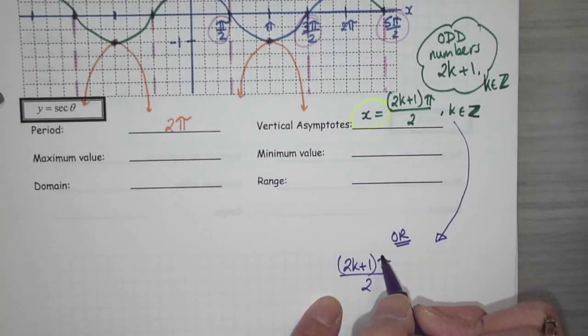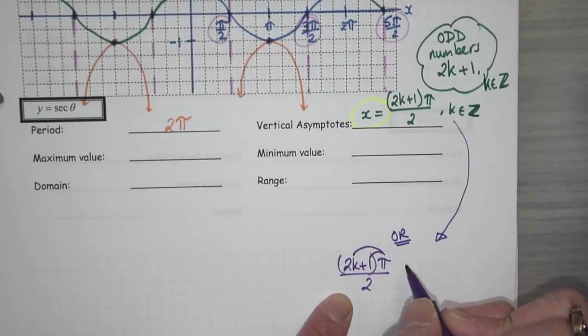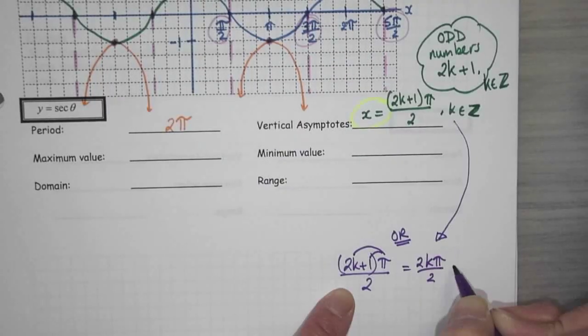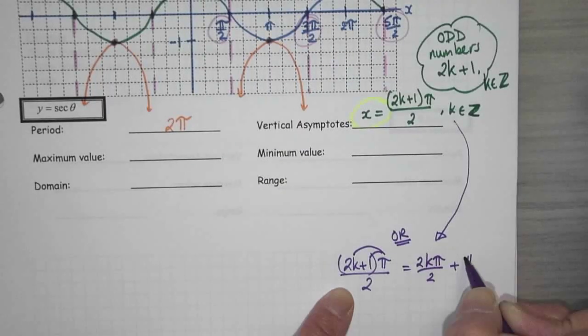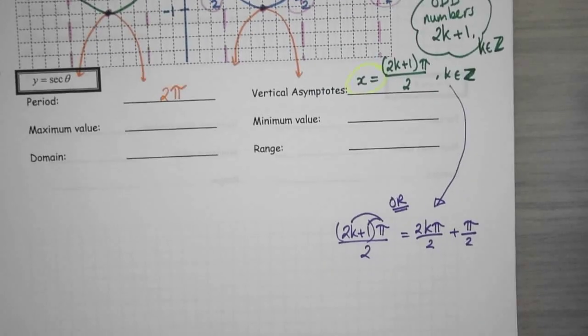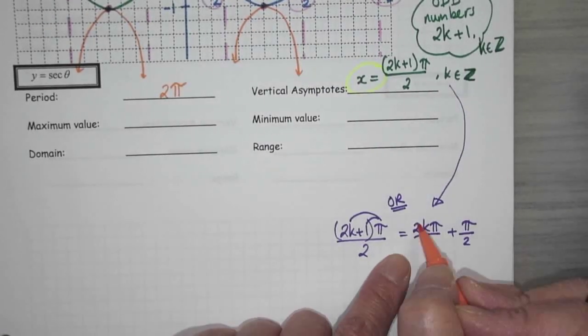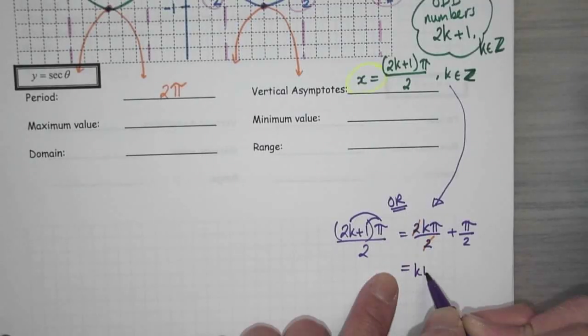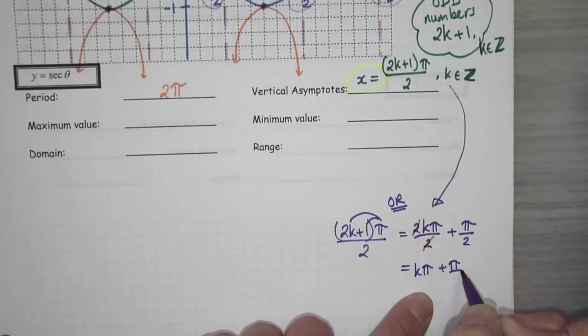So distribute that in, and you're going to get 2k pi over 2 plus pi over 2. You're just distributing the pi, and then I canceled the 2's out, right? So that's k pi plus pi over 2, same.